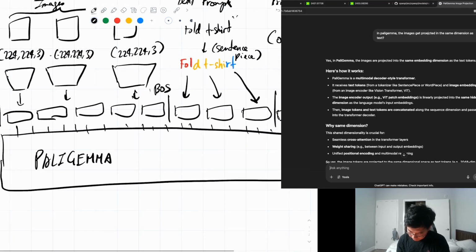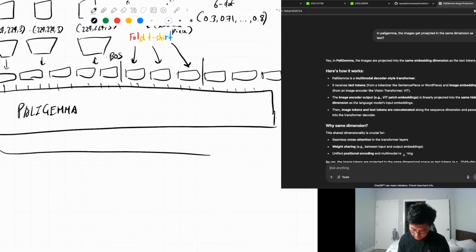So this is the embedding dimension, and then this is times the number of embeddings that you can take.